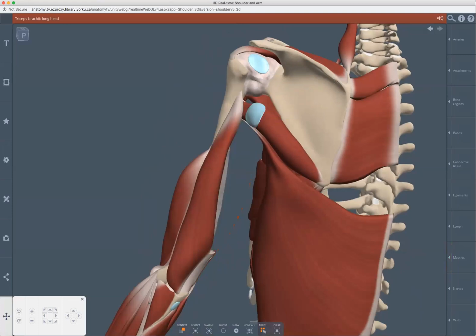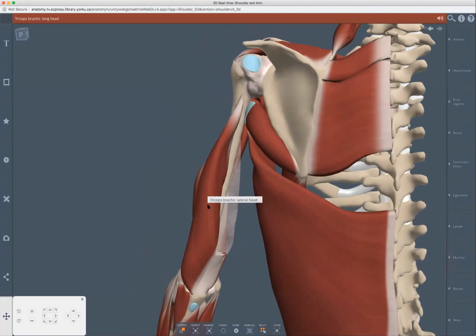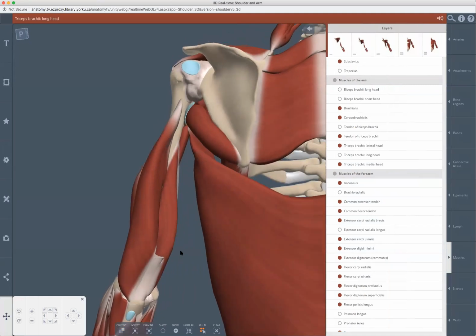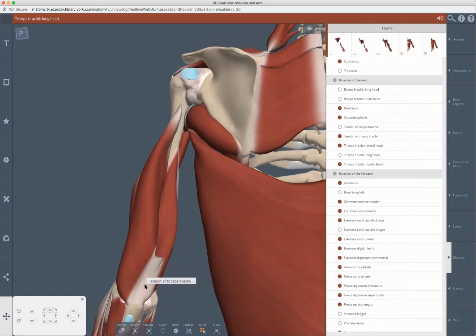Let's hide that guy. The lateral head and, oh, I took away the medial head. The lateral head and the medial head both originate on the humerus itself, okay? And then all three heads are going to join to form a common tendon, which inserts on the olecranon process of the ulna.